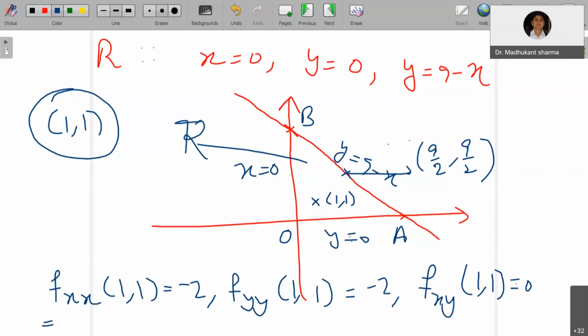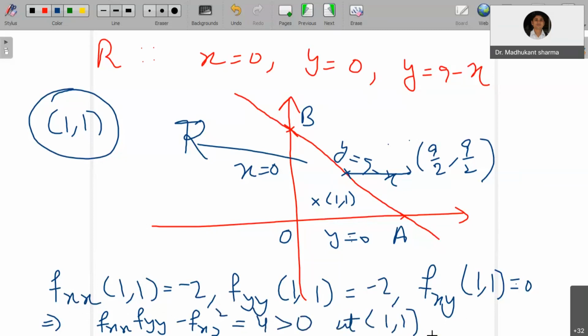So this implies that the determinant of the Hessian matrix, fxx times fyy minus fxy squared, equals 4, which is greater than 0 at (1, 1). And now fxx is -2, which is negative. So it has a local maximum at the point, local maximum but not the absolute.